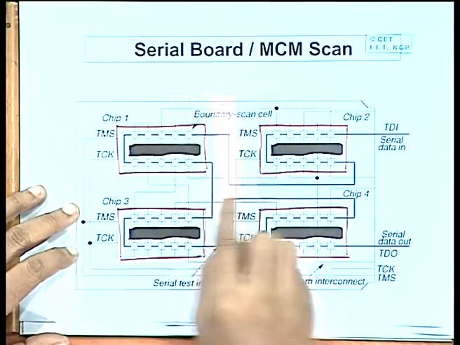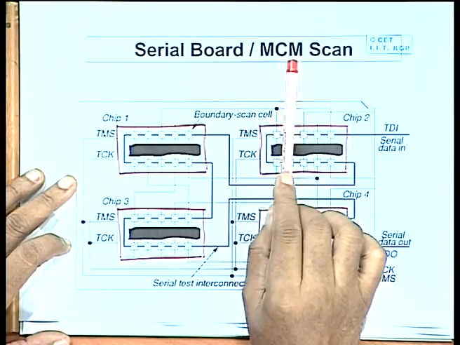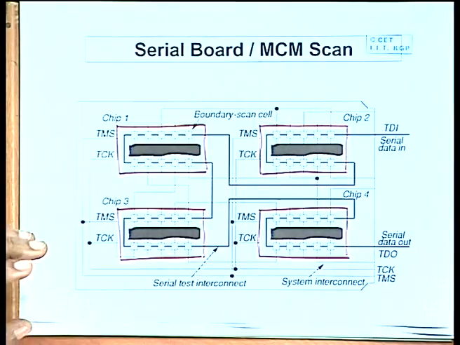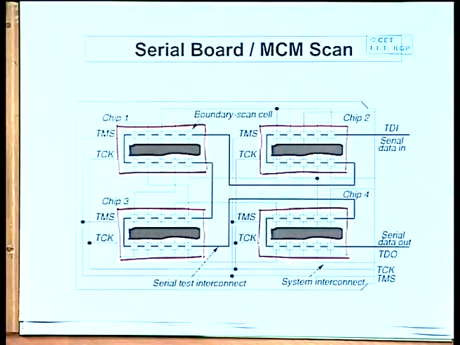So, it can be a printed circuit board with 4 chips, or it can be a multi-chip module also. A multi-chip module is where 4 different chips are put inside the same IC package. Although it looks like a single IC, inside the IC there are 4 chips. So, it can work similarly for both.